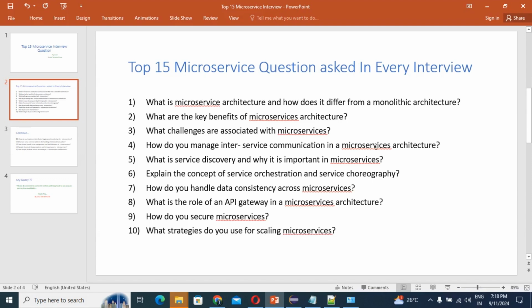Next is the saga pattern. With the help of the saga pattern, you can also handle data consistency across microservices. So what is the saga pattern? The saga pattern means breaking down a transaction into a sequence of smaller compensating actions that are managed and coordinated by the services.